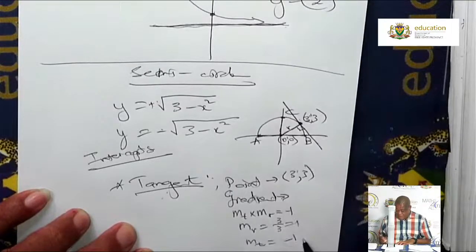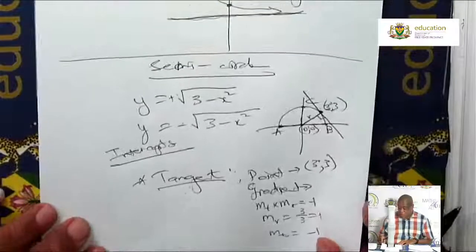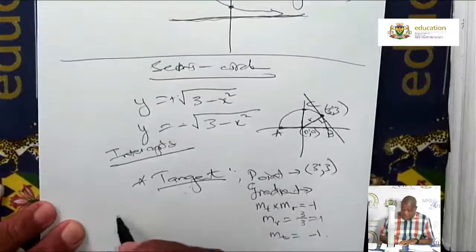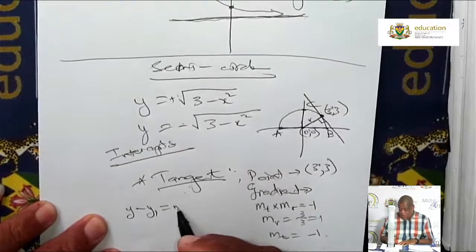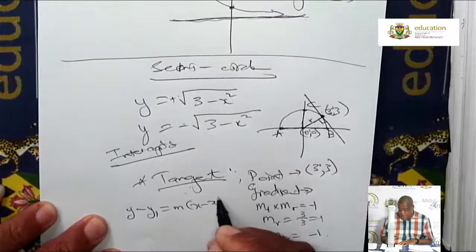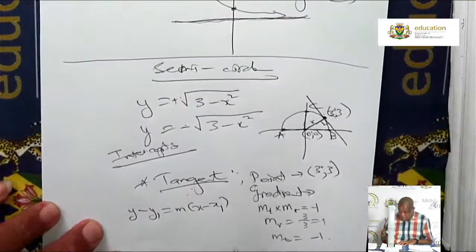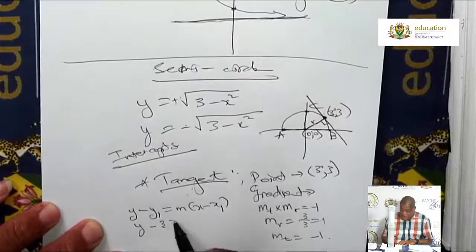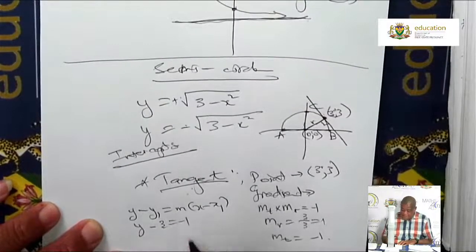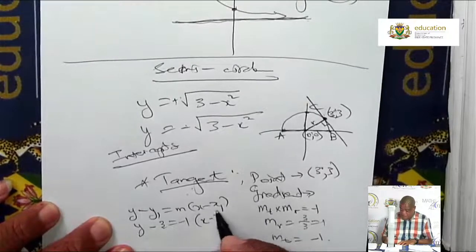Now we have the gradient and we have a point. It's easy for us to get the equation of that, which we can do using y minus y1 equal to m into x minus x1, or somebody can use y equal to mx plus c and do the substitution. Y minus y1, our y1 is 3, is equal to the gradient, which is -1, times x minus our x1, which is 3.